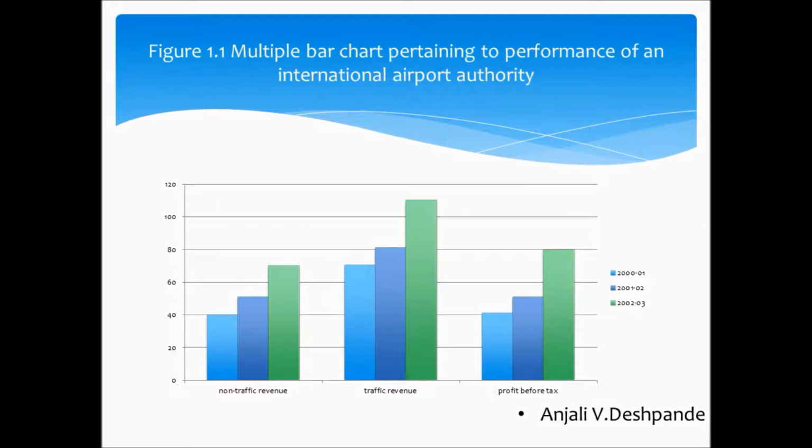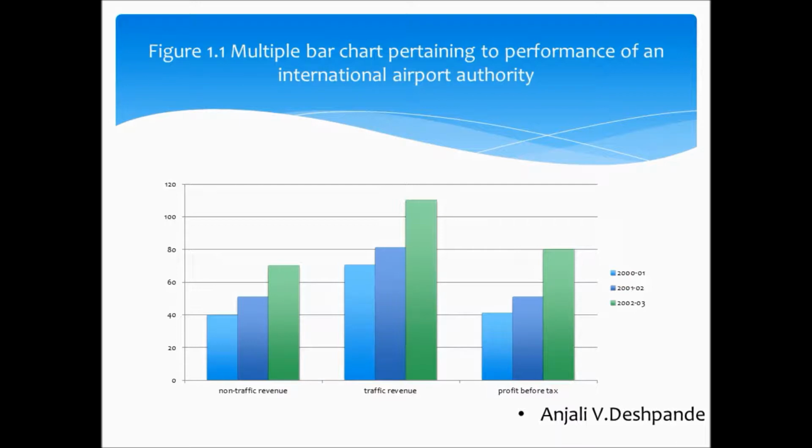Now you can see over here the multiple bar chart. First of all, you may notice that once again the bars themselves are of the same width throughout. The length of course differs depending upon the data. Then different color coding has been used to depict the different years. So you can see the green color for 2002 to 2003, then the dark blue color for 2001 to 2002, and then the light blue color for 2000 to 2001.